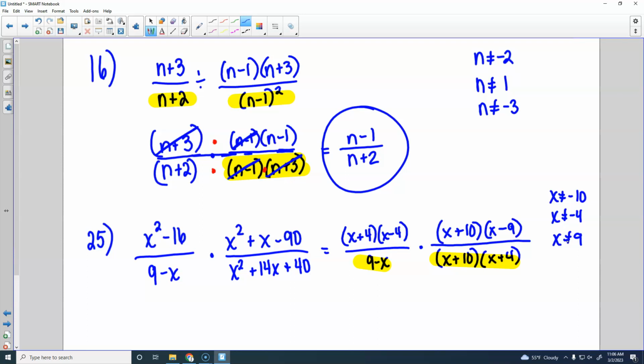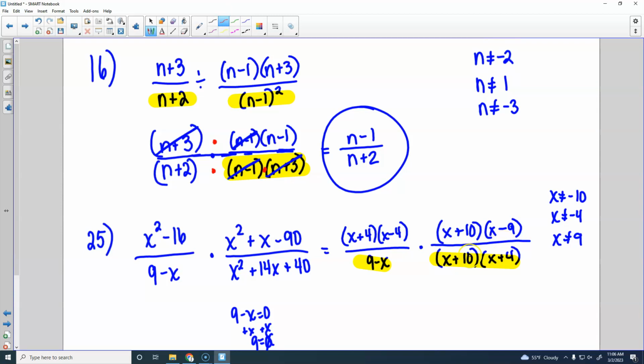You'll notice I didn't take the opposite sign on that 9 minus x. It's because of the way it's written. If that was equal to 0, you just add that x to both sides, and 9 would equal x. You can also just think, what number, if I plugged it in there, is going to give me 0. And 9 minus 9 will give you 0. So you want to do excluded values before you start canceling.